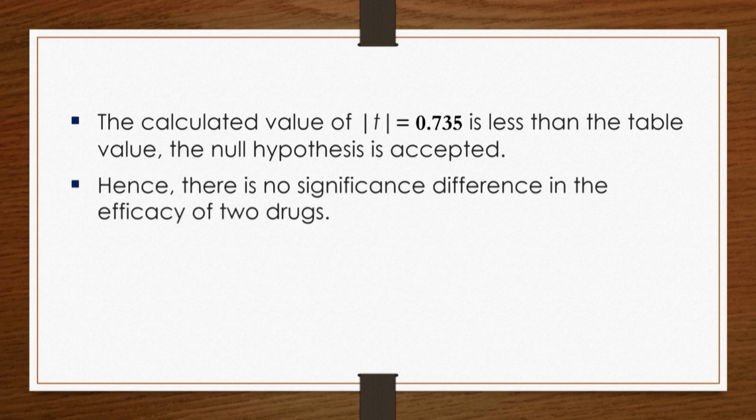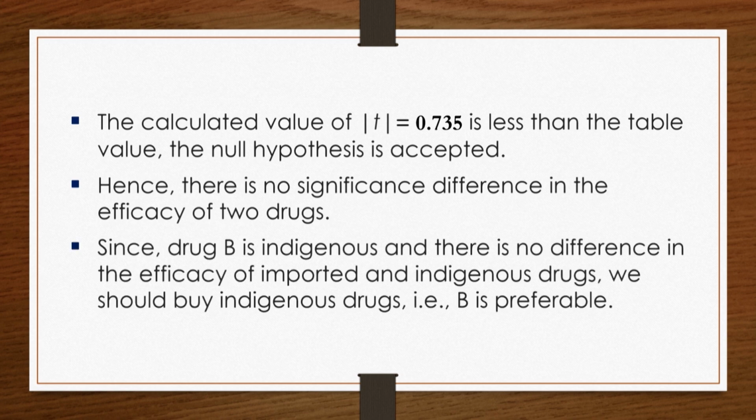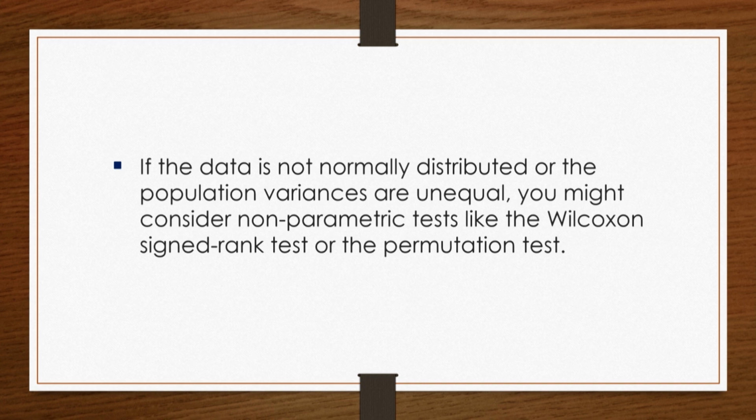Hence, there is no significant difference in the efficacy of the two drugs. Since drug B is indigenous and there is no difference in the efficacy of imported and indigenous drugs, we should buy the indigenous drug, that is, B is preferable. If the data is not normally distributed or the population variances are unequal, in such cases you might consider a non-parametric test like the Wilcoxon signed rank test or the permutation test.